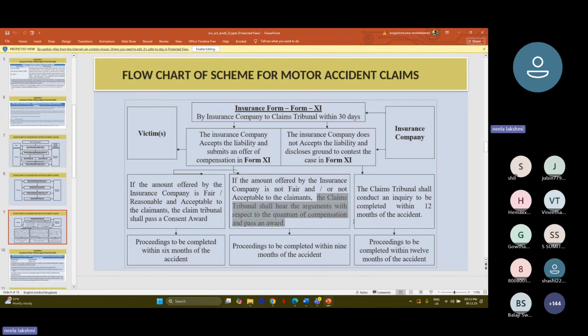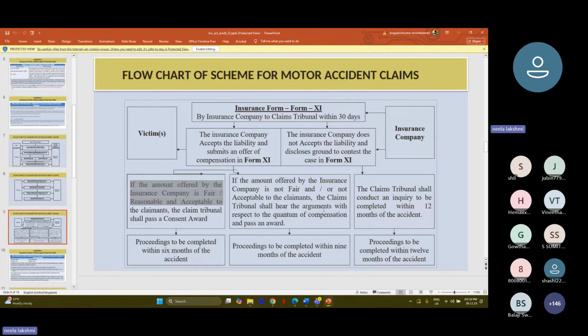The claims tribunal shall hear the arguments with respect to quantum alone, because no defense will be used by the company, since it has already decided that there is a liability in that case. So it will not raise any objection or defense from the side of the insurance company. The only dispute here is the compensation awarded. The claimants do not accept the amount offered by the company. So the claims tribunal will hear the arguments with respect to quantum alone and pass the award. No defenses will be there.